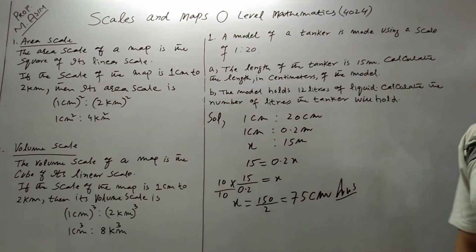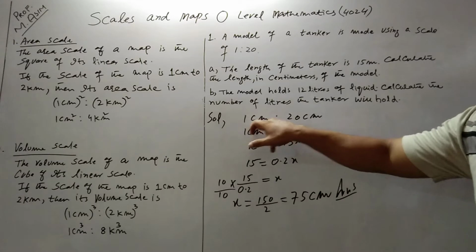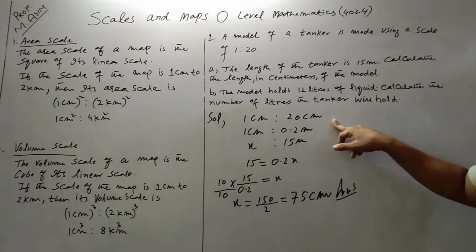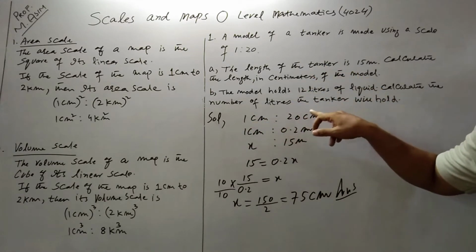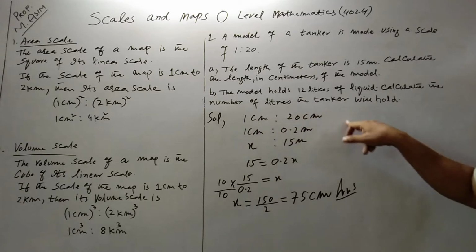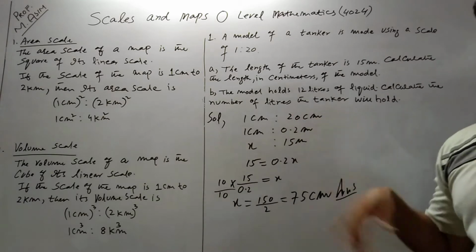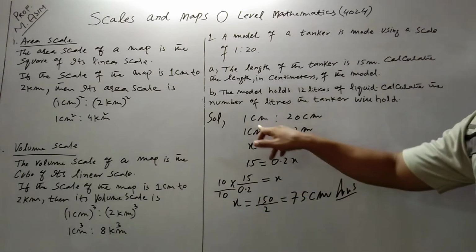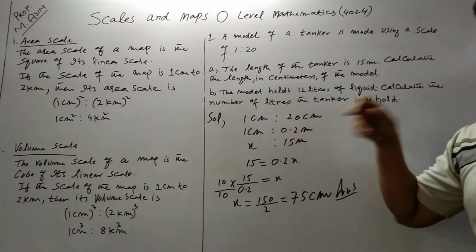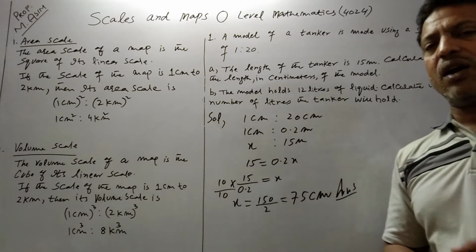So the solution is, given that 1 centimeter represents 20 centimeter, meaning 1 centimeter on the model and 20 centimeter on its actual value. First we have to convert 20 centimeter into meter. How to convert?